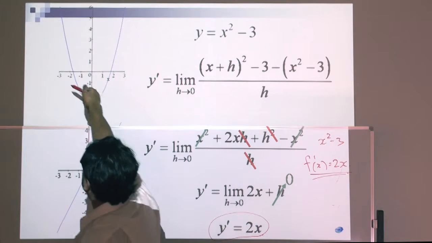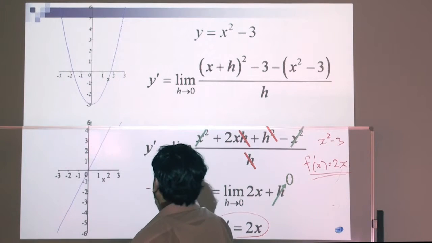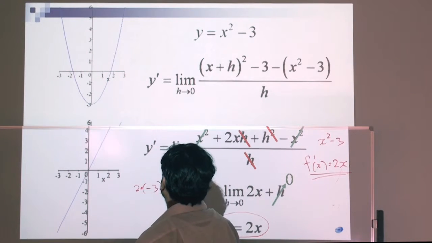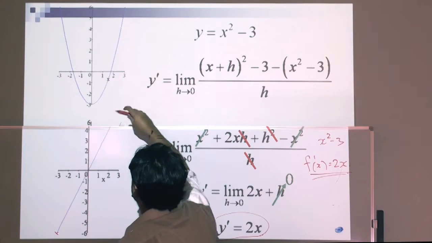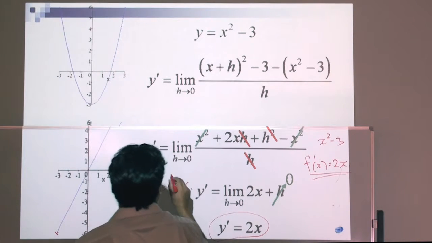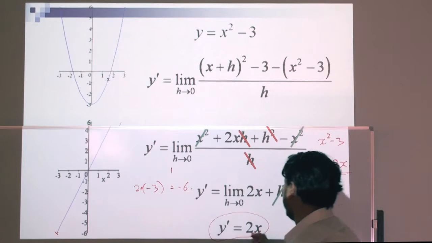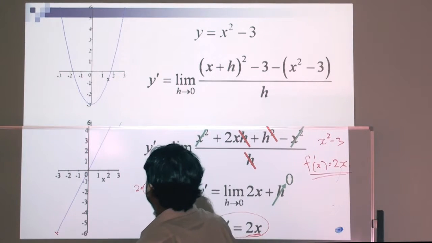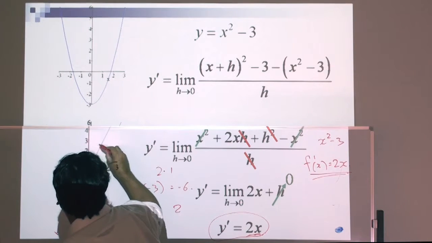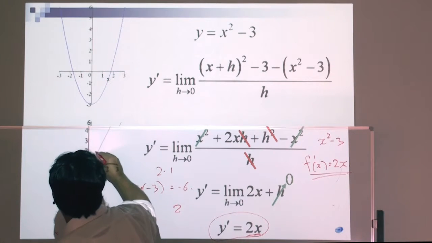So for example, at x equals negative 3, that's x times 2, 2 times negative 3 equals negative 6. And that's how you have your negative 6 here. Or we can take this one, so x equals 1, see the 2x for the derivative, multiply by 2 equals 2. So at that one, you got 2, over here.